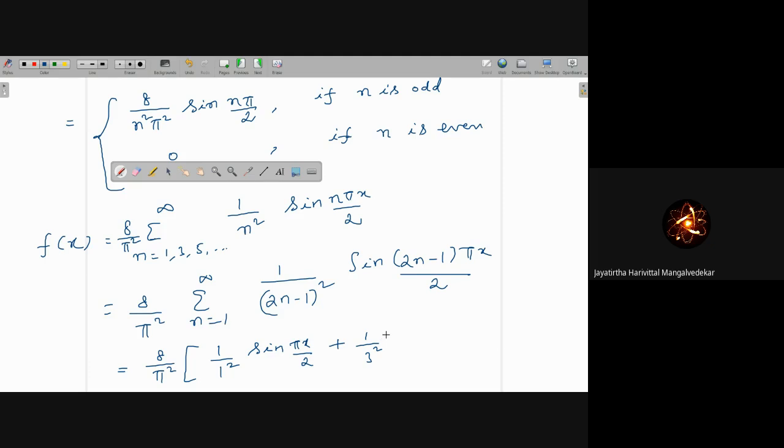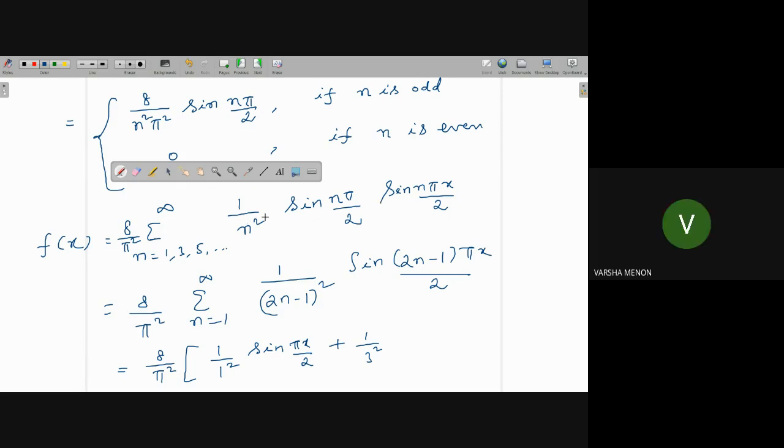So sin(n pi x by 2). Please wait, sorry. This is actually Bn, into sin(n pi x by 2). Is it correct? Now it is correct. I'm asking about this step.